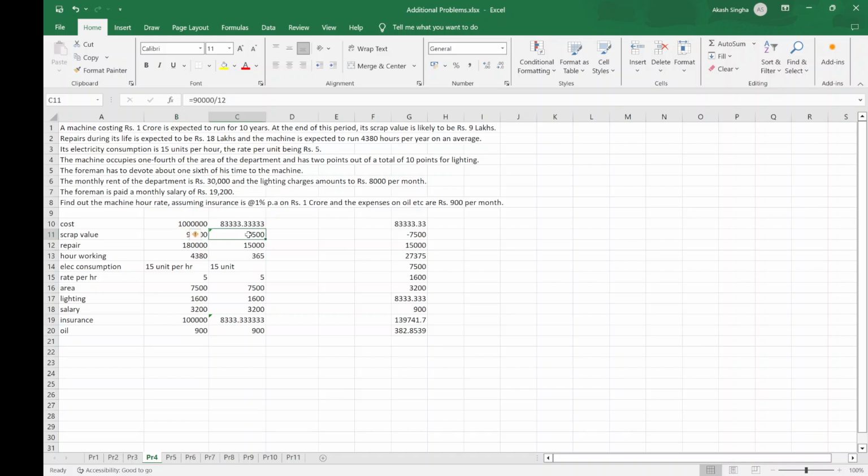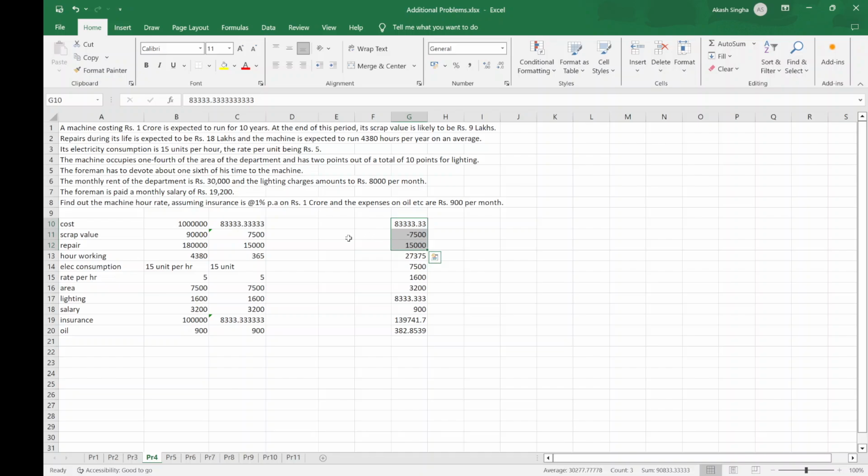And so per month it's 7500. Repair is 18 lakh for the whole lifetime, so 1.8 lakh per year and 15,000 per month. So we will get this, minus. So these three are the total cost with this.